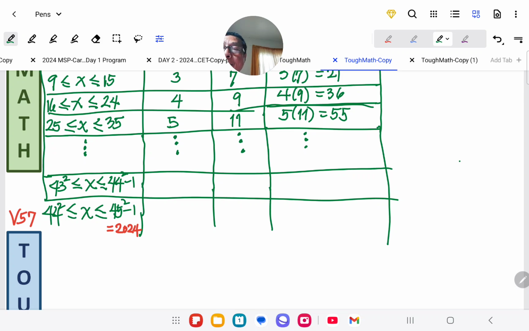And what will these numbers be? This one would be 43. This one would be 44. Okay. And then this number would be 87 here. And this number would be 89.